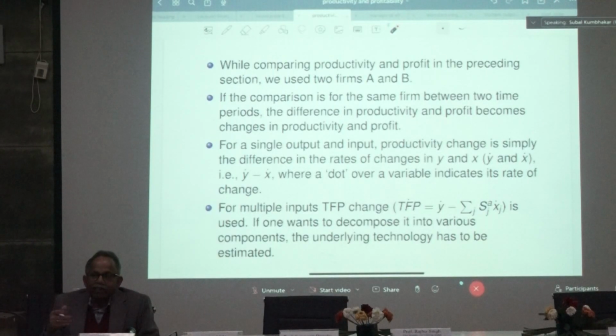Productivity change, like anything, is the rate of change in productivity. So how do you define rate of change? If the variable is x, how do you define a rate of change in x? I'm not talking about anything else, just a variable x. How do you define rate of change in x? Okay, a log derivative of x with respect to time.